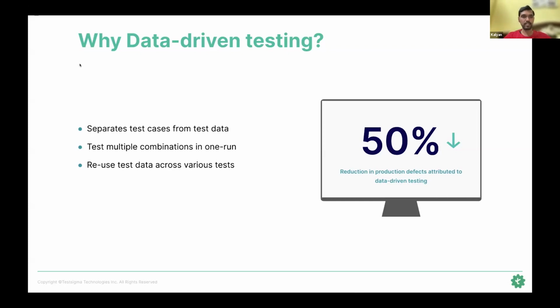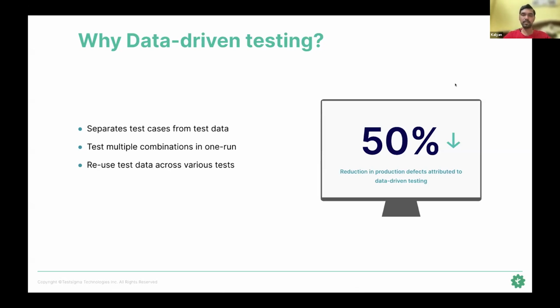So that's why this concept has been started, called data-driven testing, which essentially separates your application layer or your test from your data layer. This allows you to run multiple iterations of parameters for your same set of test cases. You can run multiple combinations of scenarios in just one run. You'll be able to reuse test data across various tests.